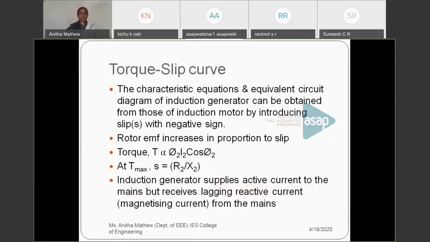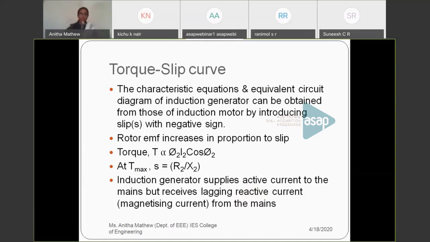Torque is directly proportional to phi2 I2 cos phi2, where phi2 is the flux developed, I2 is the current in the rotor, and cos phi2 is the power factor, and the maximum torque will be developed when S equals R2 by X2. All these things we have studied in the 4th module in the 3-phase induction motor itself.